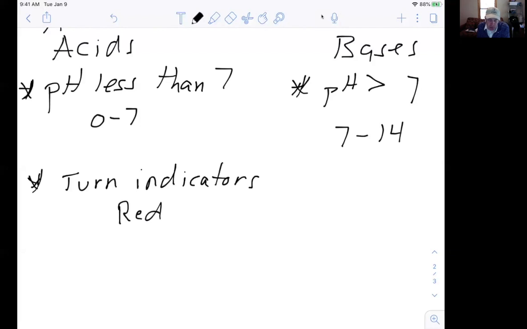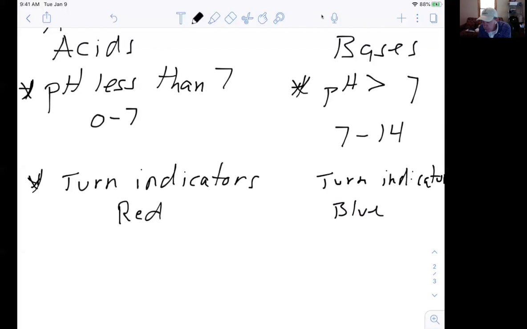So pH paper is a type of indicator, and it will tell you acid or base. Bases turn indicators, I ran out of room, indicators blue. So if you have pH paper and you dip pH paper in acids, it'll turn red.